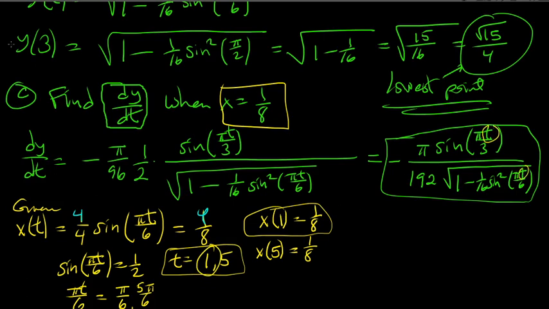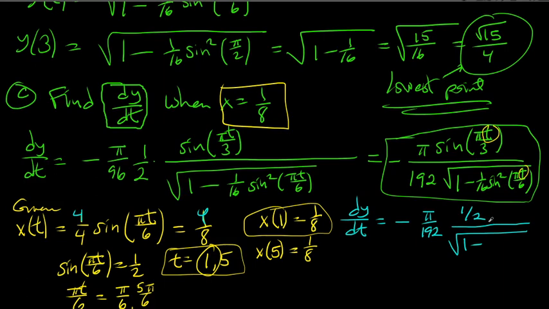So now, when all is said and done, the derivative of y should be negative pi over 192. Sine of pi over 3 is 1/2. And then in the denominator, we have the square root of 1 minus pi over 6 is, what am I doing?